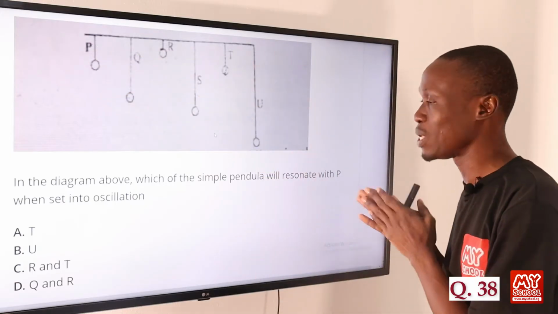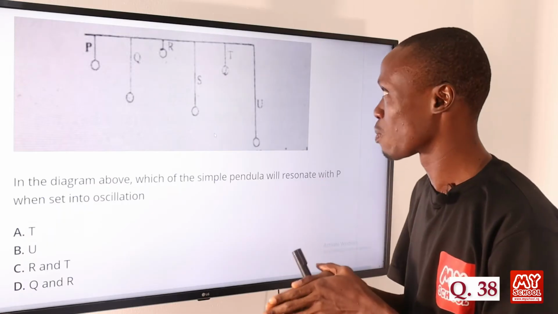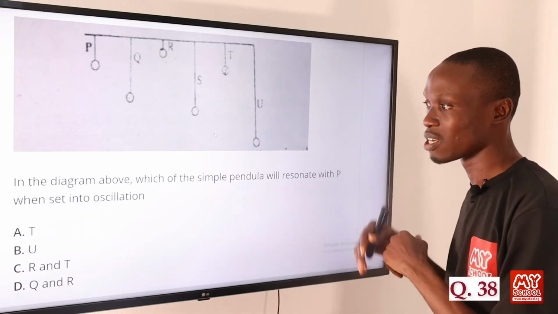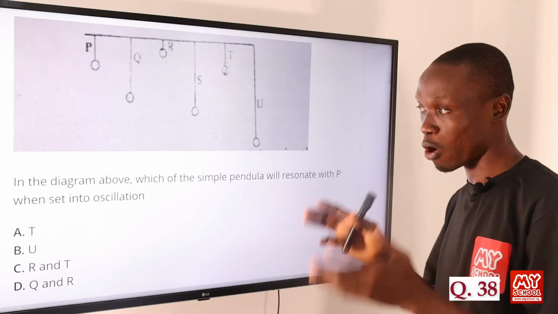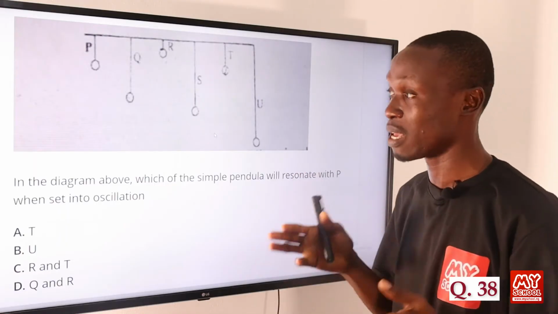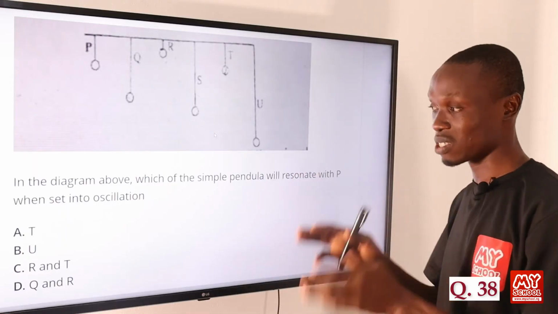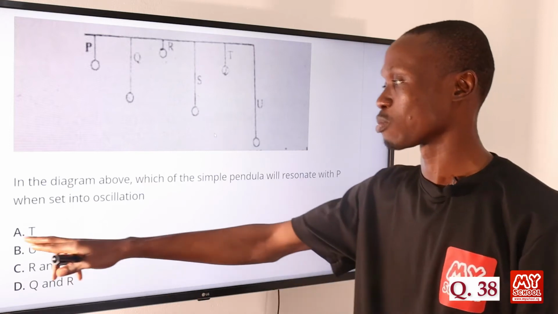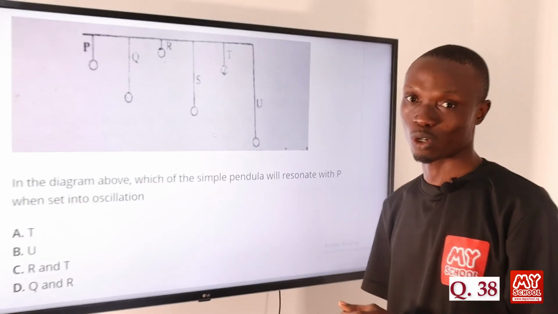So when pendulum P is set into oscillation, pendulum T will resonate with pendulum P because they are of the same length, hence of the same frequency. So that makes option A the correct answer to this question.